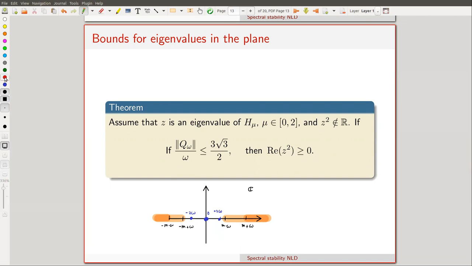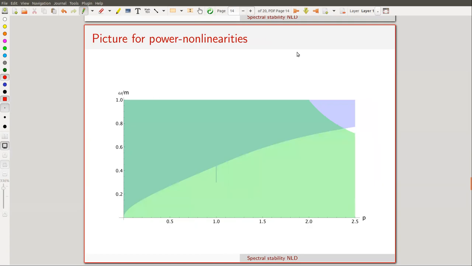So that means that it cannot be anywhere here or here or here or here. So then the only way to live in the imaginary axis for an eigenvalue of H is really this passing through zero. So I will finish with this picture, combining these two ideas.